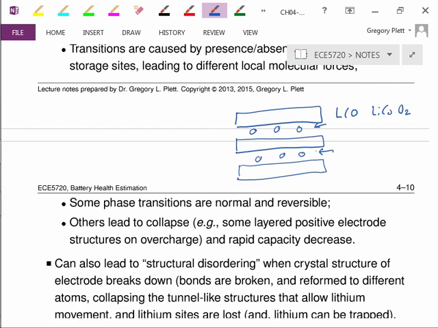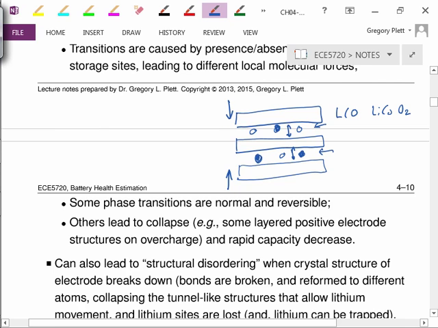But if I pull all of the lithium out of LCO, these layers will collapse, and maybe not totally, but they will collapse to the point where there's not room any longer to put lithium back in. I need to have a few lithium in here to act kind of like pillars that support the structure, to make sure that it doesn't collapse.